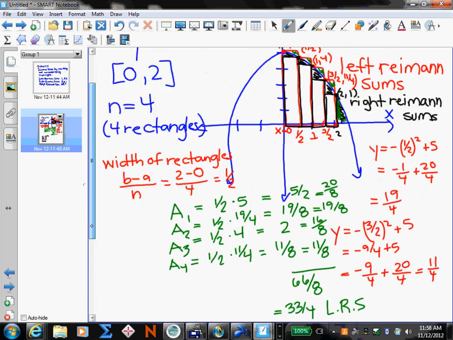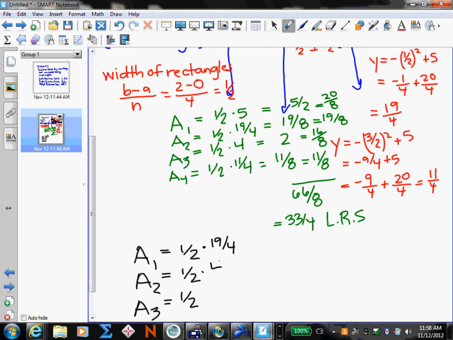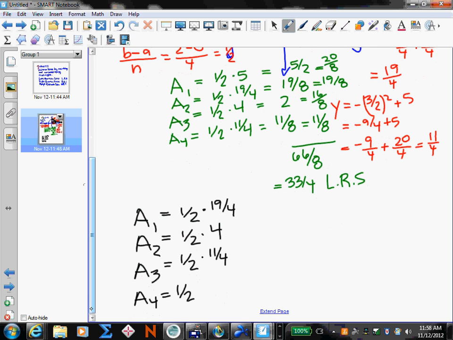So 19/4, 4, 11/4, and then the height of 1. So this is 19/8. This is going to be 4 over 2, which we know is 16/8. We have 11/8. And then we have a half, which we have to write in terms of 8. So we will put 4/8.